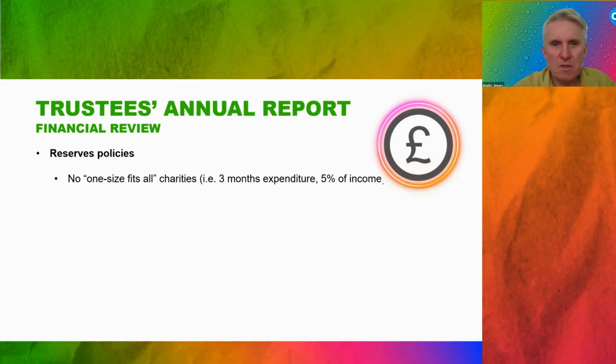A lot of organisations might use 3 months' expenditure, or 5% of income, or 2 months of salary costs. There are some generally accepted norms, but there's not always a lot of thought behind why those figures, and whether they are appropriate for our charity.